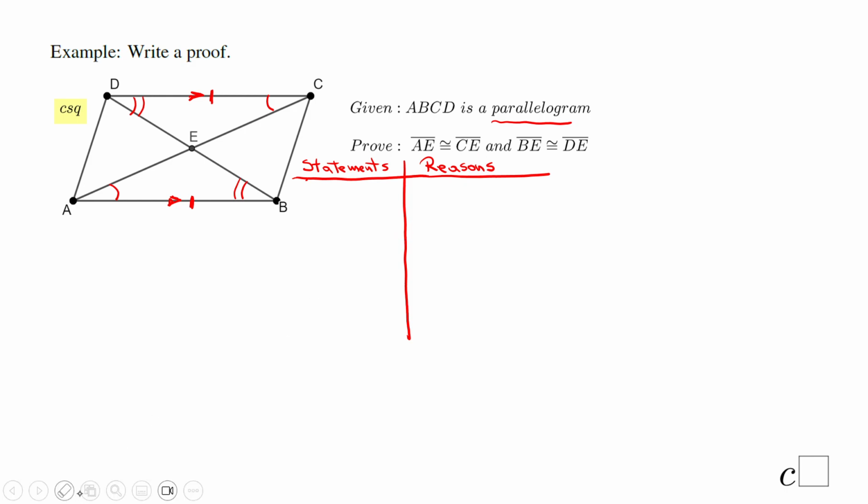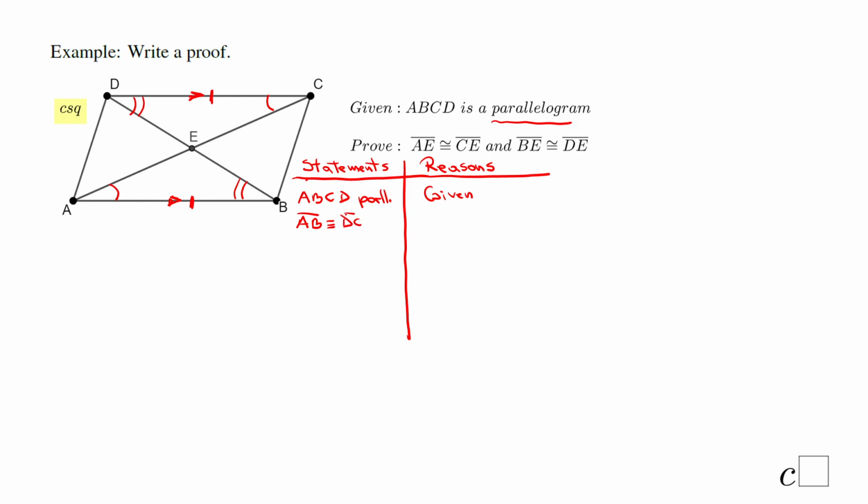So we're going to start with what is given, which is the fact that ABCD is a parallelogram. Let me write like that, short. Okay, and that is given. Which means, first of all, let me put this, that AB is congruent with DC.